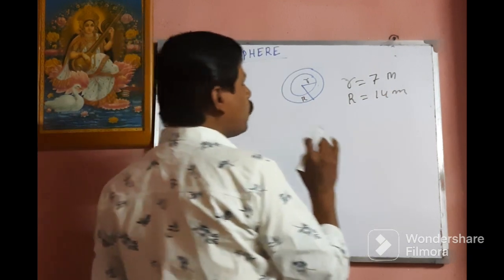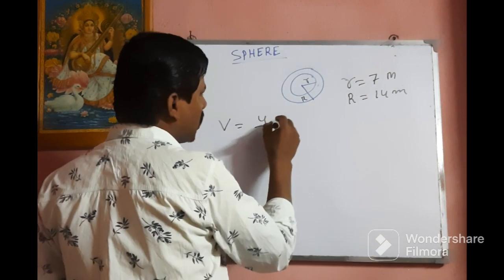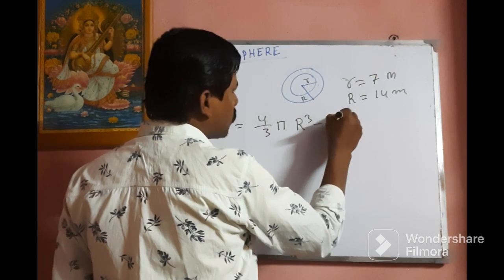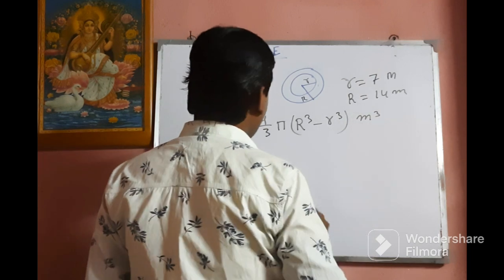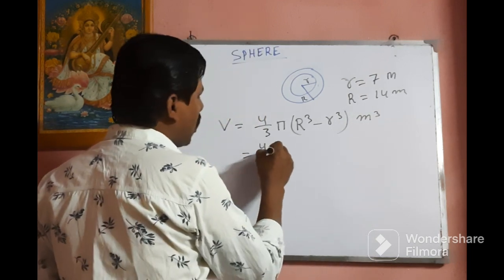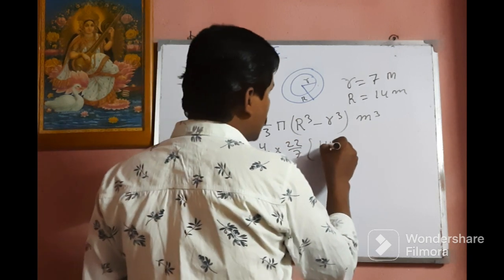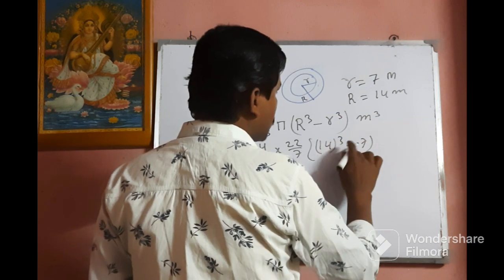Then if we want to find the volume of the hollow sphere, 4 by 3 pi, capital R cube minus small r cube, and this will be the meter cube. Now putting the value of pi 22 by 7 and 14 cube and 7 cube is there.